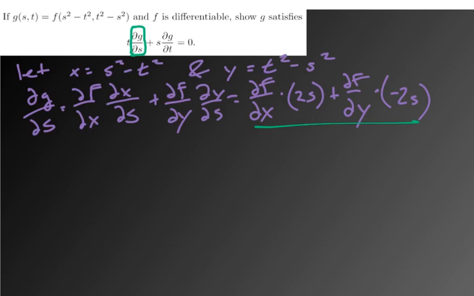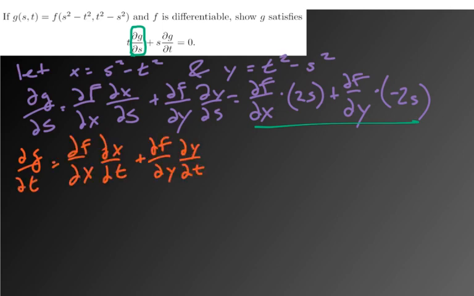So this thing is going to go in right here, right? But I need to also get the partial of g with respect to t. So I'm going to set that up now. All right, so just by chain rule, we would have that. And then same kind of tricks as before.